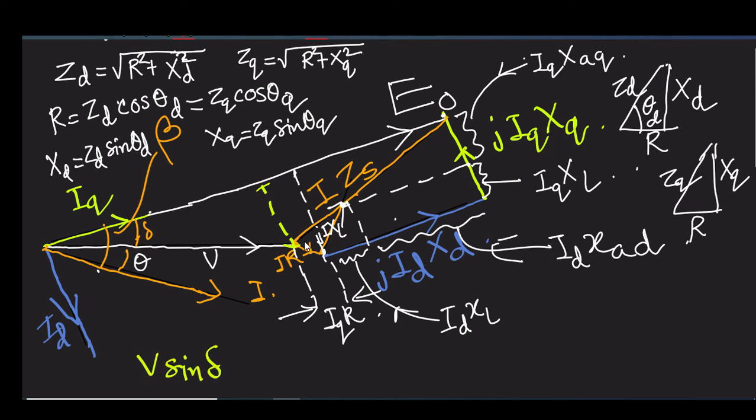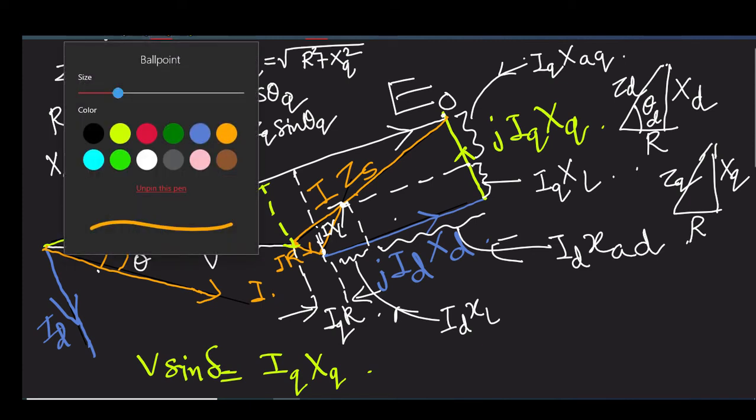So that V sin delta can be written as ID, I have done something that you can relate, that is V sin delta is your IQ XQ, the total length, minus, okay, now see another line has to be drawn.